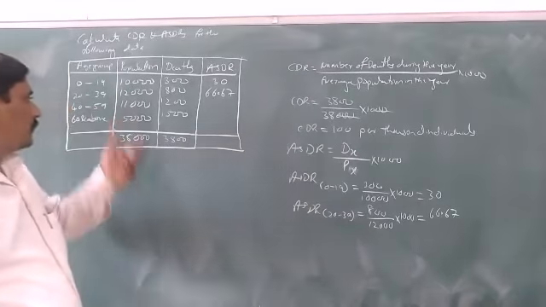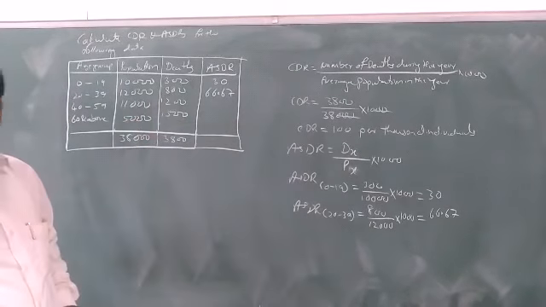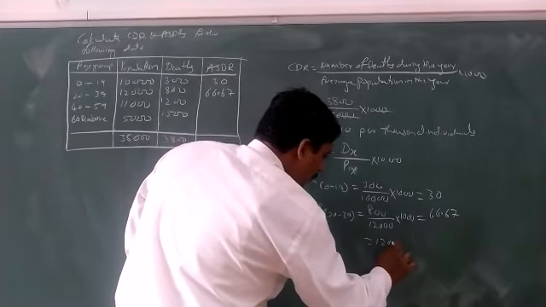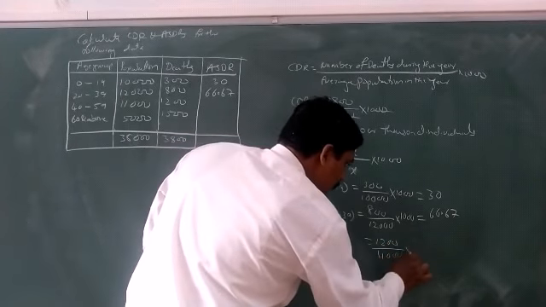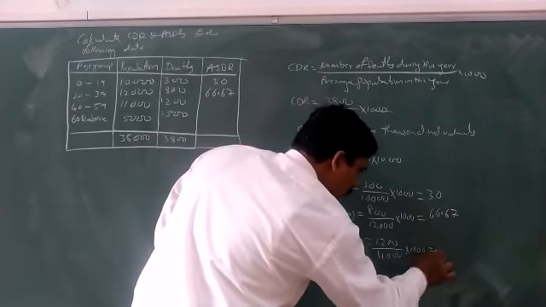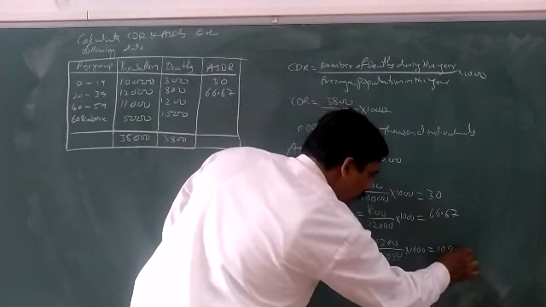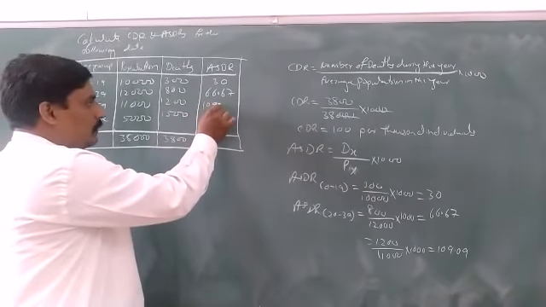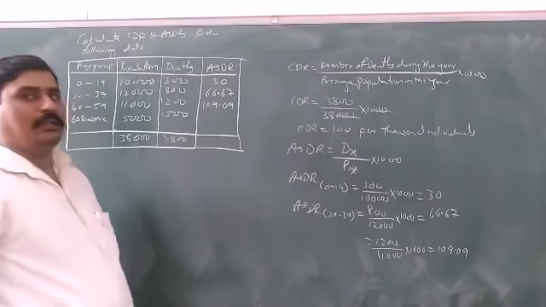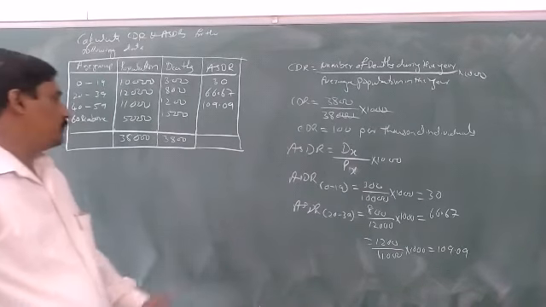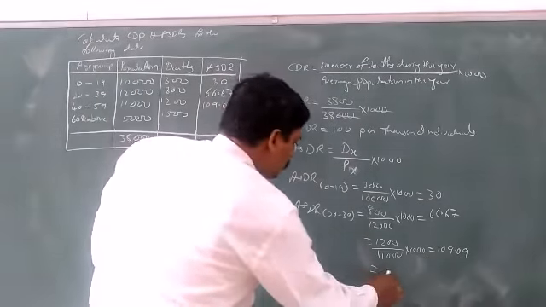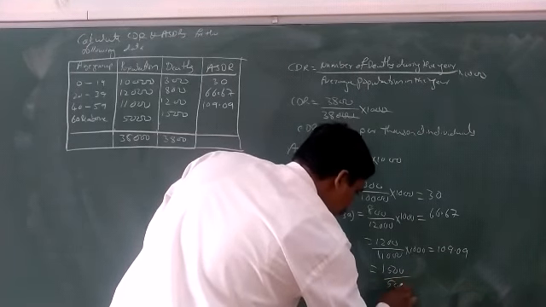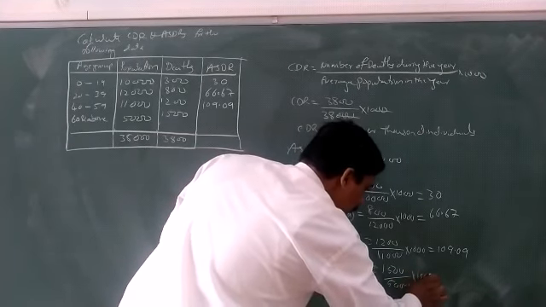For the third population, 1200 deaths divided by 11,000, so 1200 divided by 11,000 into 1,000, we get 109.090909, so that is 109.09.